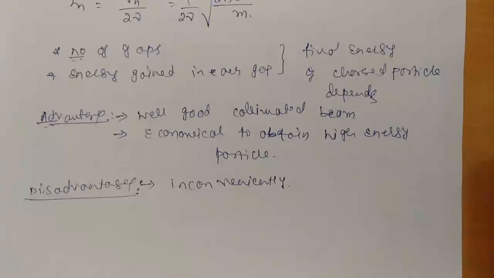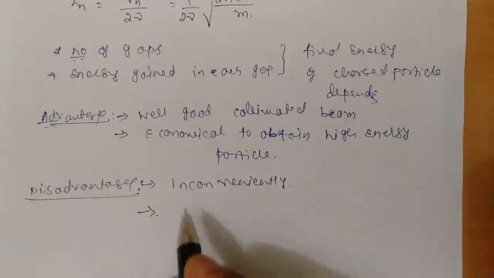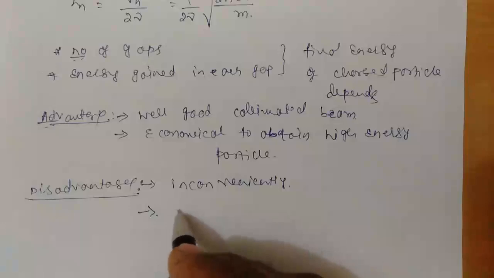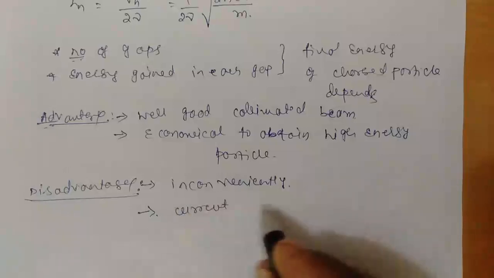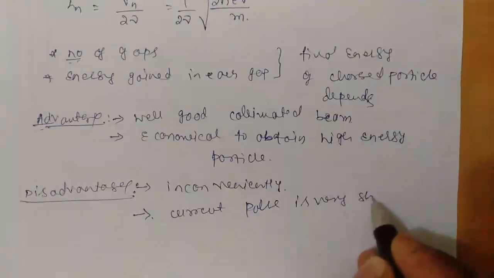And the ion current that is available is for a very short impulse, because ions are injected at a proper moment itself. Therefore the current pulse that you get is very short.